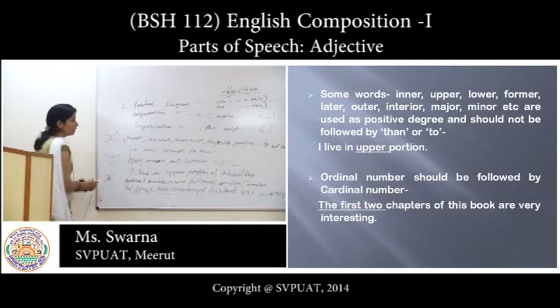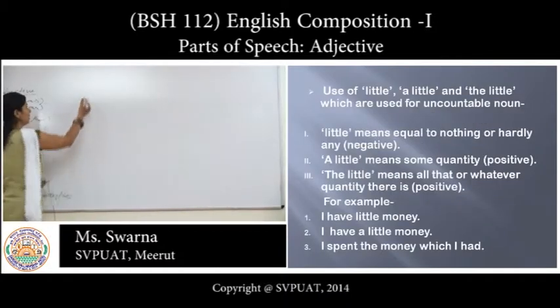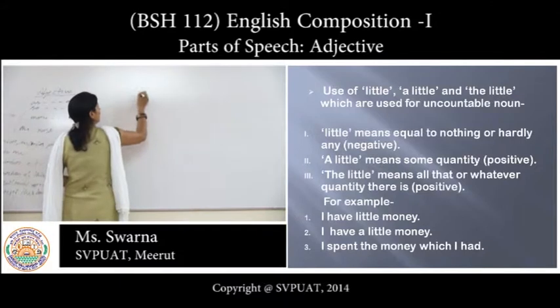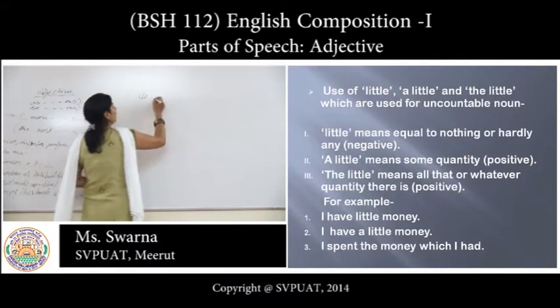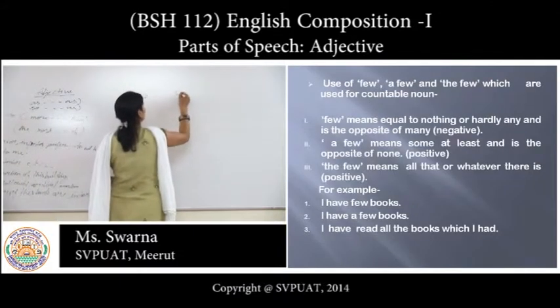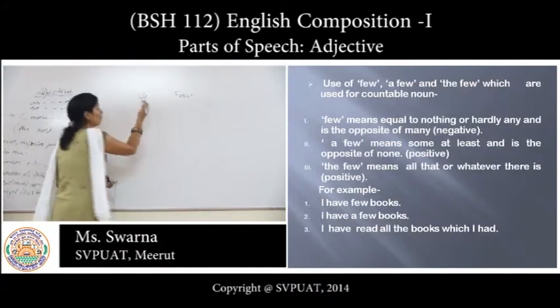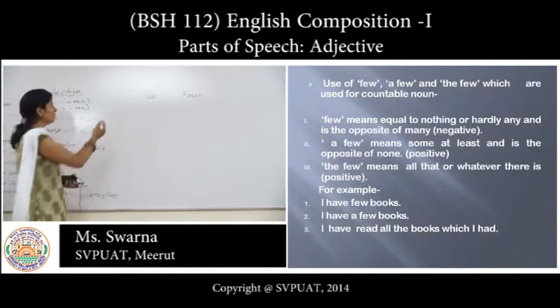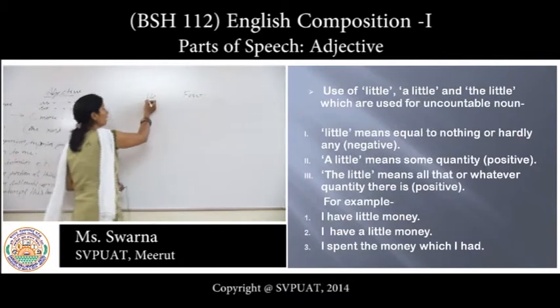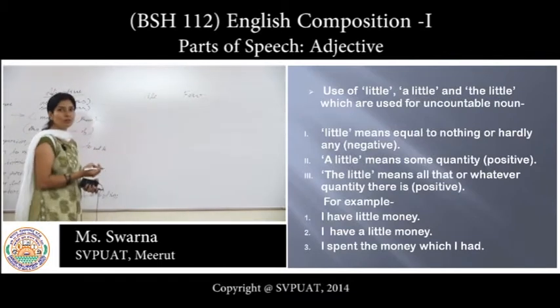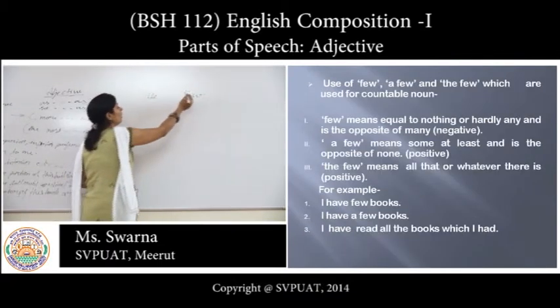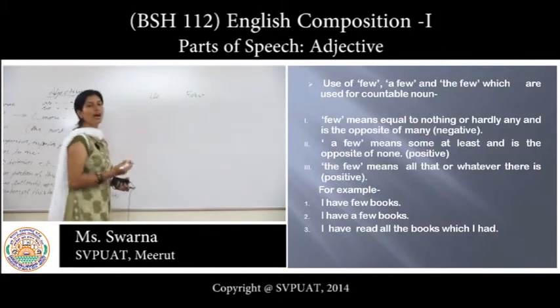Then the next rule is, mostly we use the words little and few. So we should know the difference between the two words. Little denotes how much, meaning quantity, and few denotes number, meaning how many.